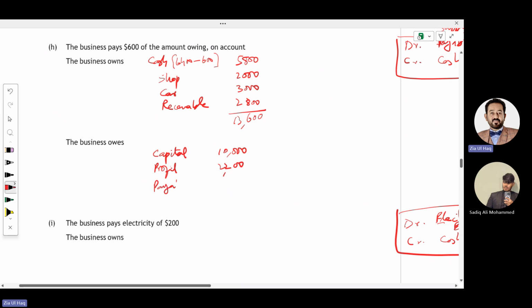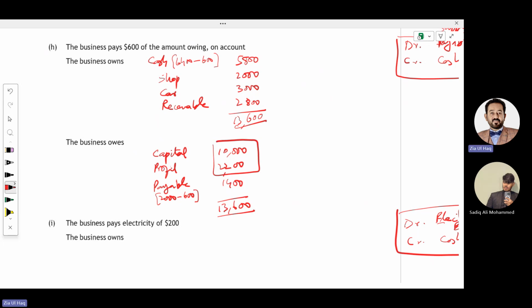So payable will be how much? 1,400 instead of 2,000. Is that equal to 13,600? Yes. Means business capital is now 12,200. Instead of writing profit separate, we can say capital is now 12,200 and payables are 1,400.